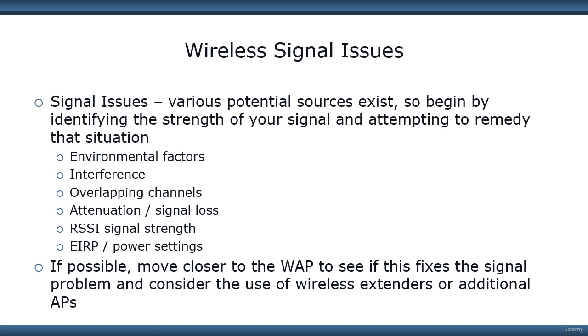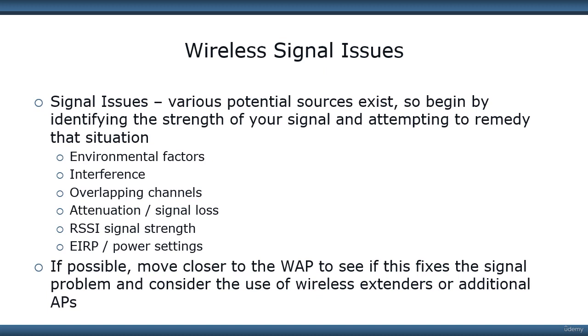Keep in mind there are several things that can affect the signal in a wireless network. Number one is environmental factors, and I think we mentioned this before when we were talking about wireless standards, that in some homes a single access point will suffice because of the size and the construction of the home. In other homes or businesses that are larger, there are going to be other environmental factors. Cement walls, for instance, actually have an effect on radio frequencies going through them.